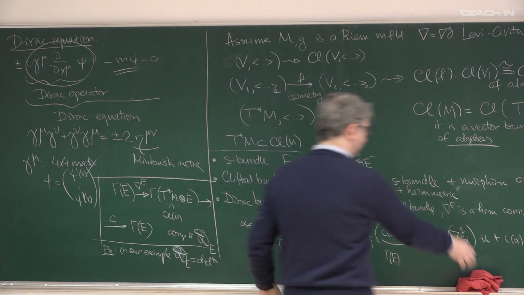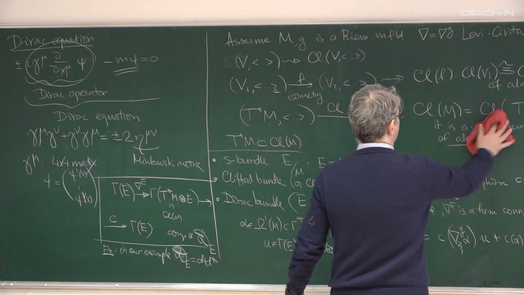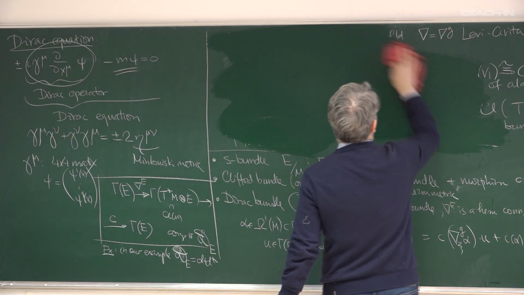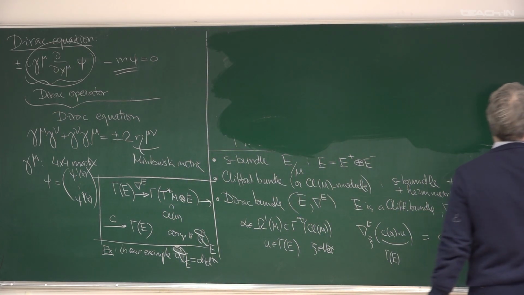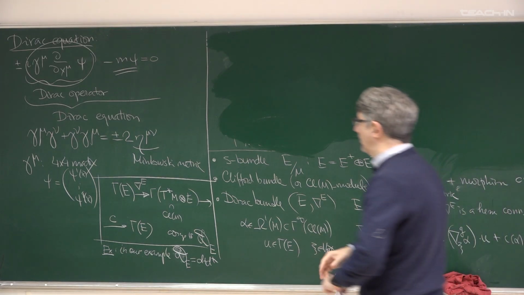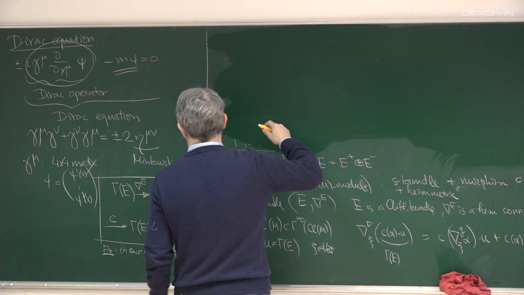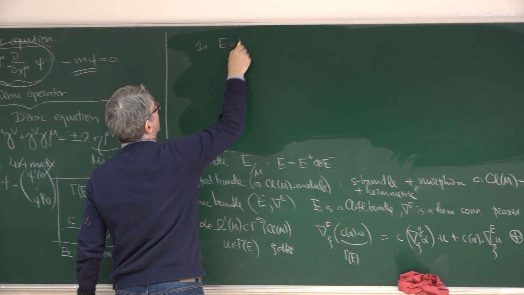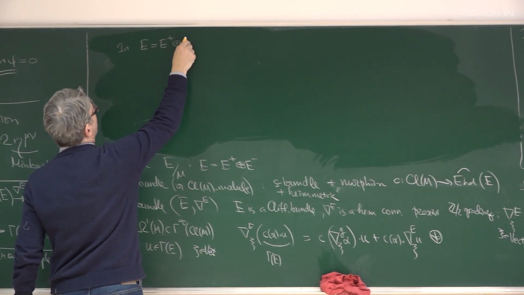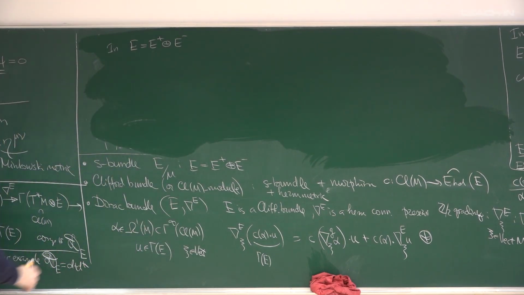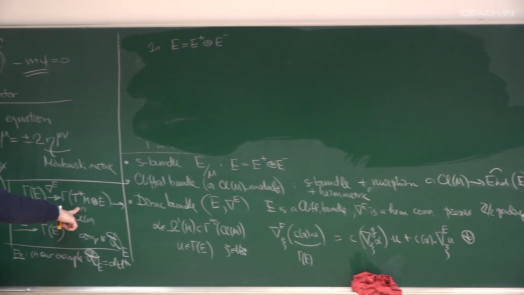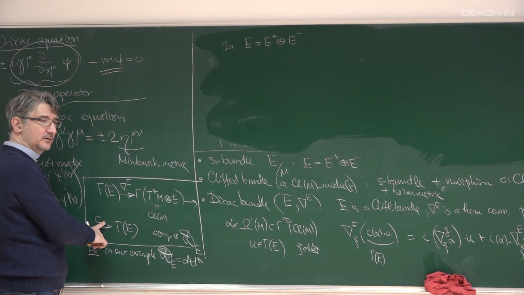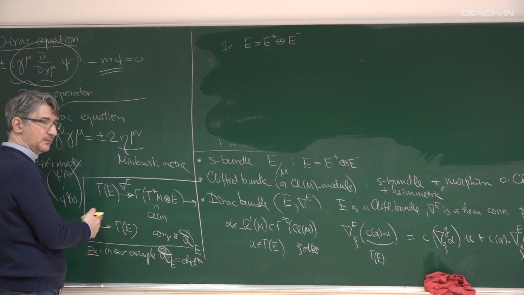Let me erase here, and I will tell you what happens further. So in the splitting of our form, look here, this map preserves parity, yes? And this map changes parity. Action by C changes parity.